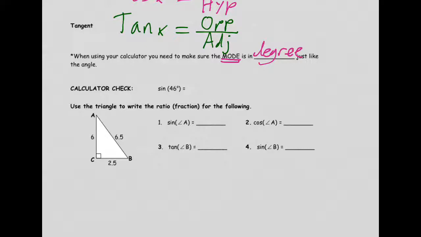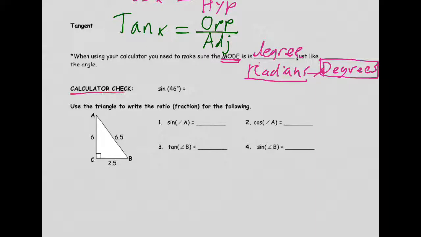One of those things is going to say radians on one side, and then it's going to say degrees on the other. In all likelihood, radians is highlighted right now. Just cursor over to degrees, highlight the degrees, and press enter, because we're going to be working with degrees here.